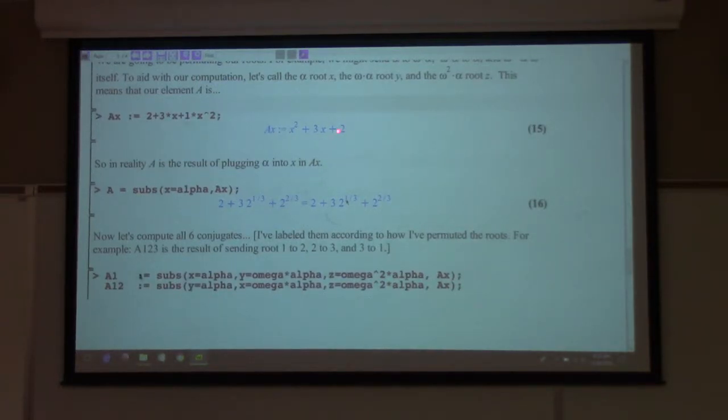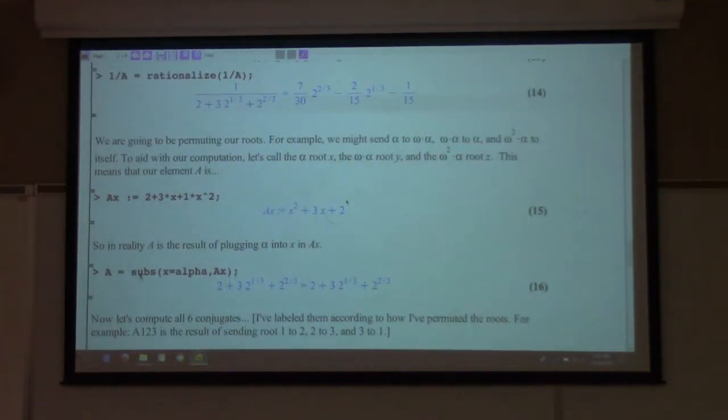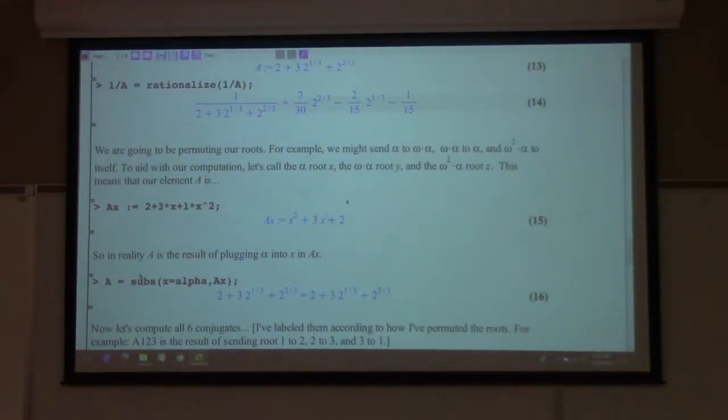That makes sense because the last thing was cube root of 2 squared. So what happens when you multiply that by cube root of 2? You can still see it here. If you multiply that by the cube root of 2, this becomes 2.